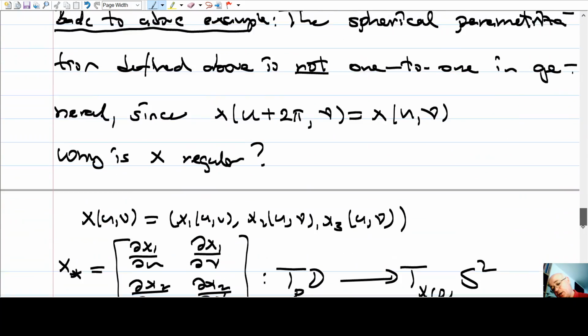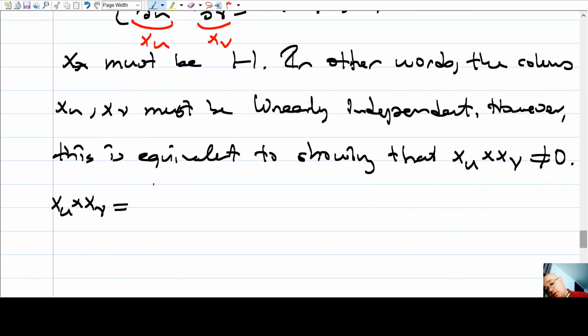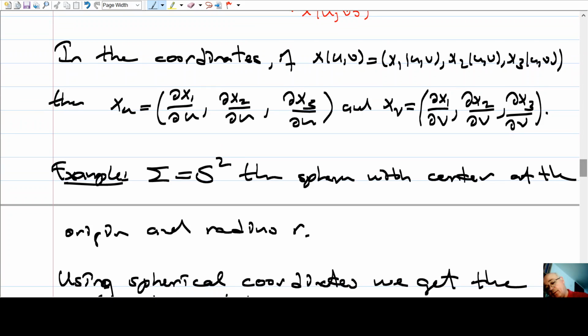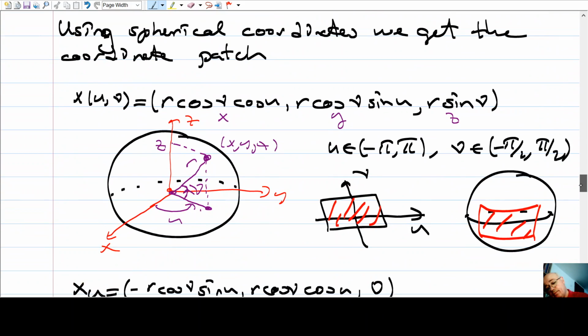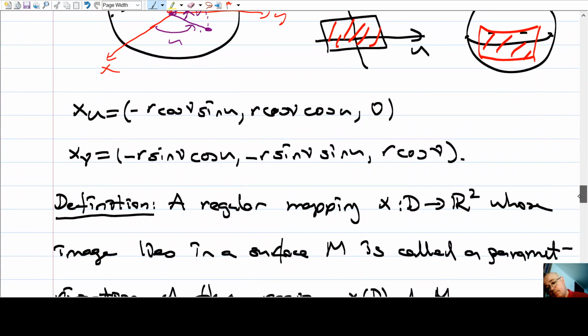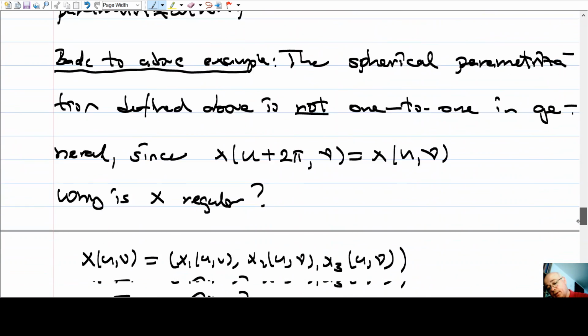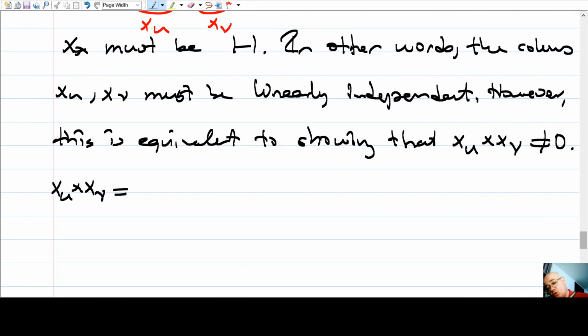Both rows have an R component in them, so I take R out. Two R's coming out will give me an R squared. And then let's say I have here i, j, k, or u1, u2, u3.